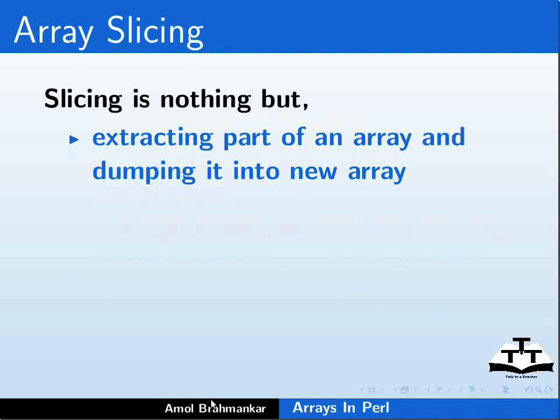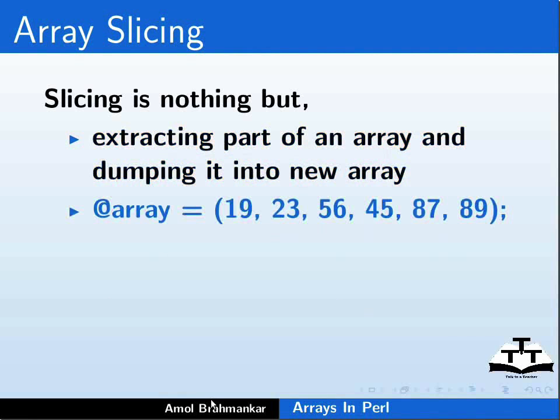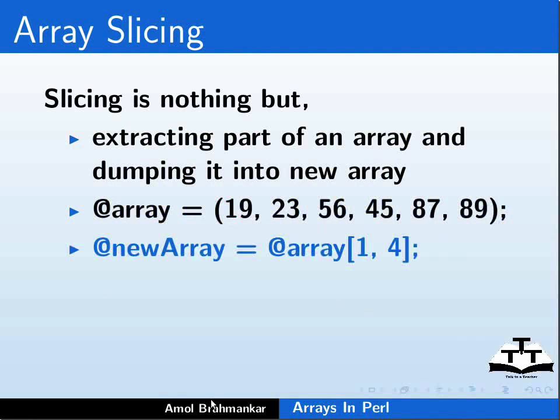Perl also provides array slicing. This is nothing but extracting part of an array and dumping it into a new array. @array equal to open bracket 19, 23, 56, 45, 87, 89 close bracket semicolon. @new_array equal to @array open square bracket 1, 4 close square bracket semicolon.